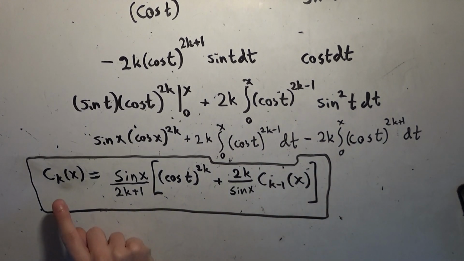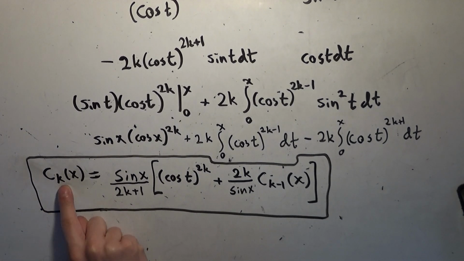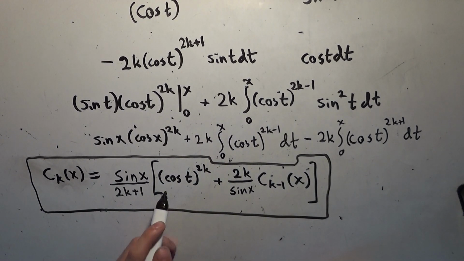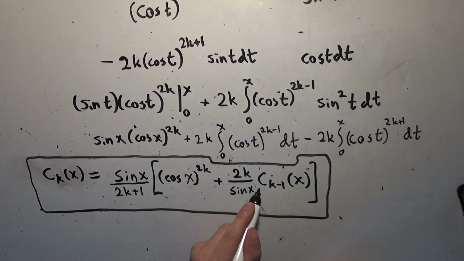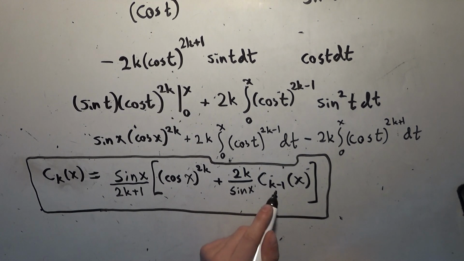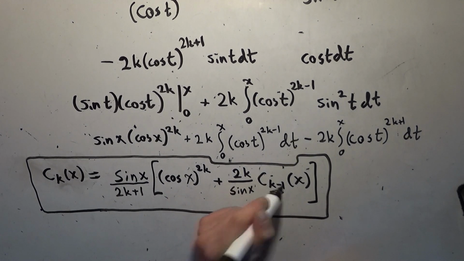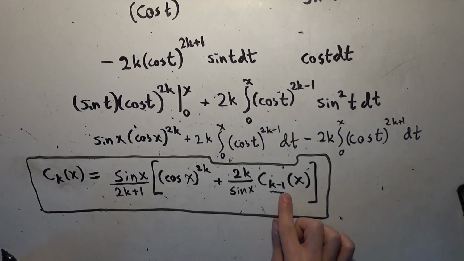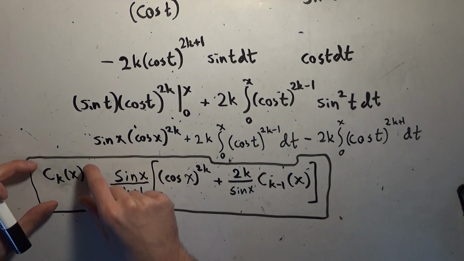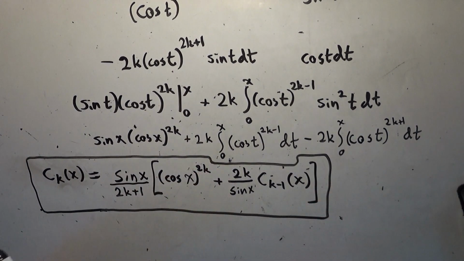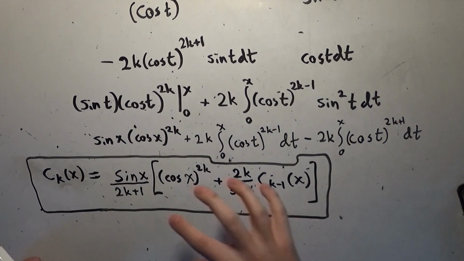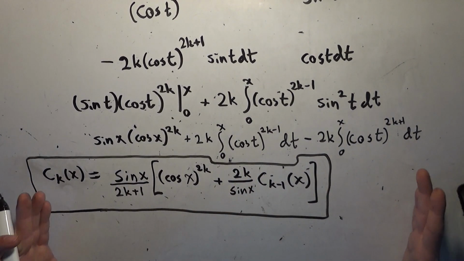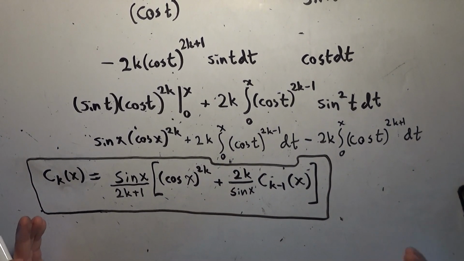What we're saying is the integral from 0 to x of cosine of t to the power of 2k plus 1 is equal to sine of x divided by 2k plus 1 times the quantity cosine of x, my mistake, to the power of 2k plus 2k over sine of x times the integral from 0 to x of cosine of t to the power of 2k minus 1, right? Because we're essentially saying one integral can be put in terms of a lower power. And we're just going to keep doing that again and again, getting lower and lower powers, and we're just going to end up with a sum of things that's going to be equal to the original integral.